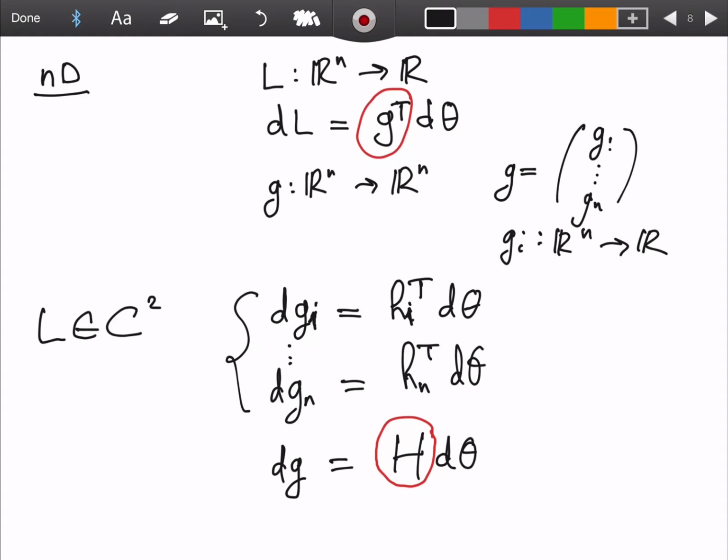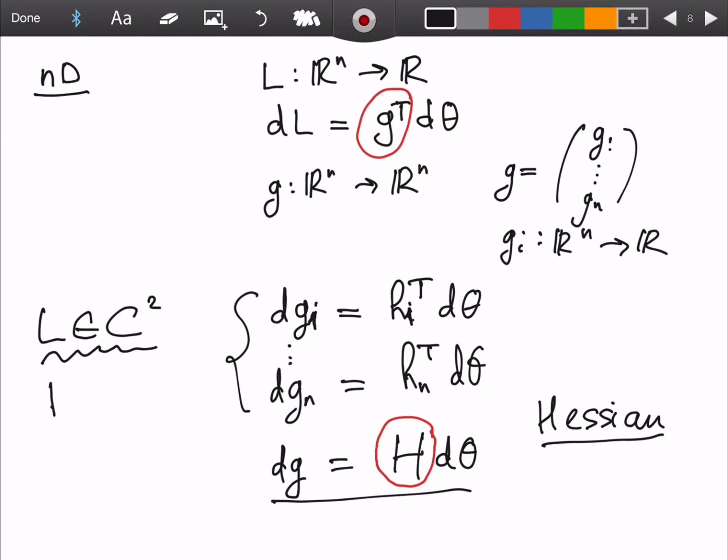If it is differentiable twice, then this identity will hold, and the object that relates the differential of the gradient dg to the change of the argument d theta would be called the second order derivative in the one-dimensional case, and it is called the Hessian matrix, or the Hessian, in the n-dimensional case. So this H is the Hessian.